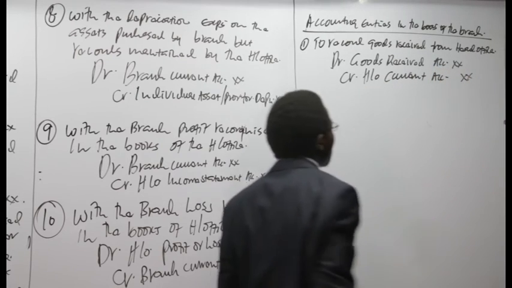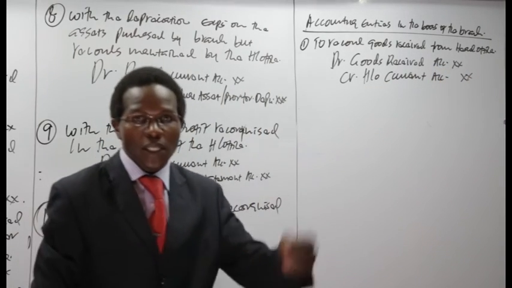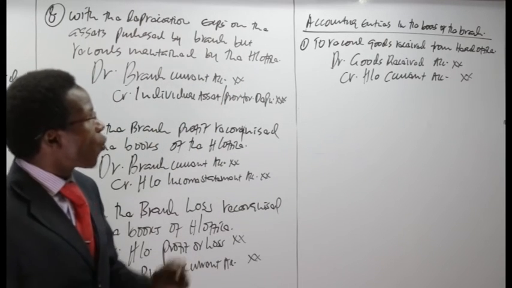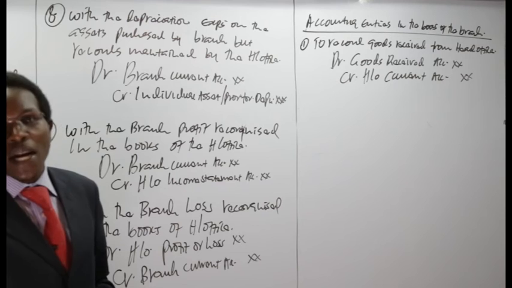Now you see, friends, this time round, we have a head office current account. So we debit our goods received account, we credit our head office current account.